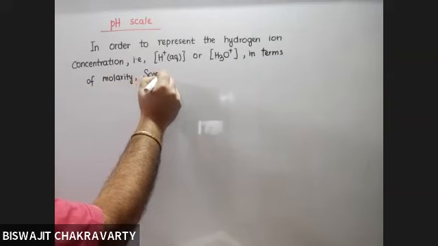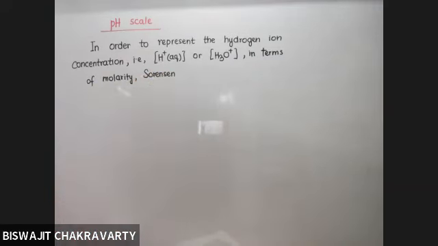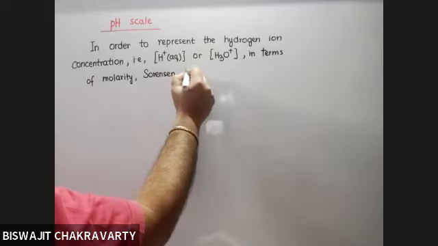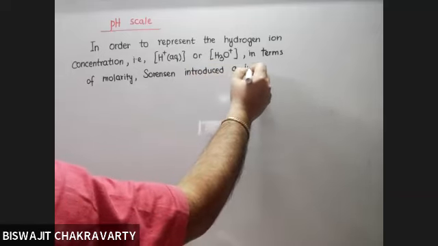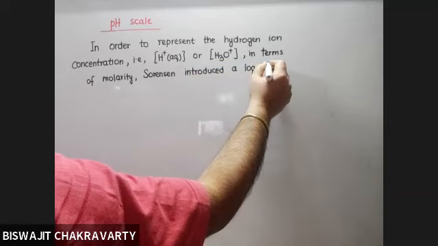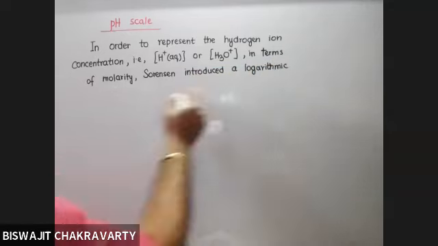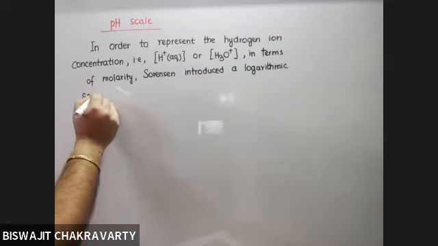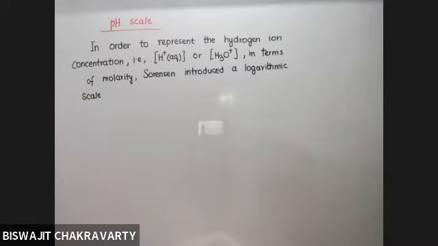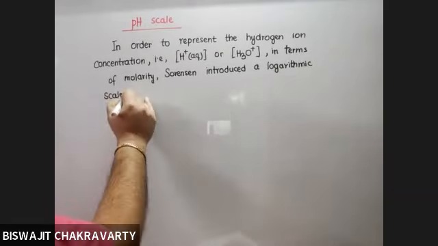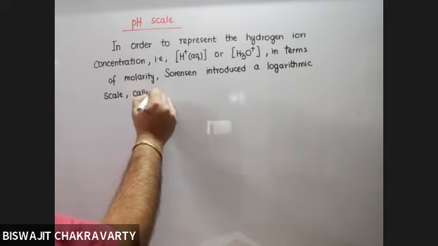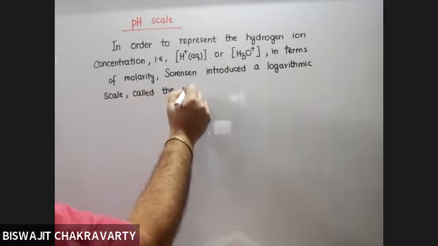Sorensen, the name of the scientist who introduced the pH scale, introduced a logarithmic scale called the pH scale.